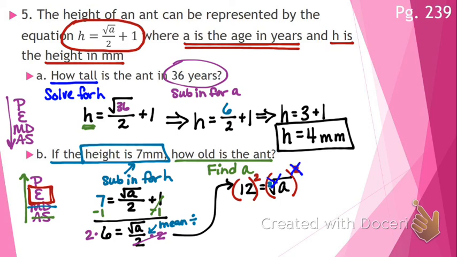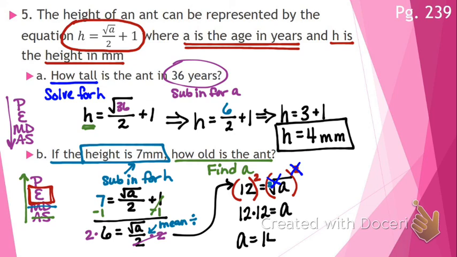So squaring and square rooting cancel each other out. I have just the A all by itself over there on the right. On the left, I have 12 squared. That means 12 times 12. Pop that into my calculator. And 12 times 12 gives me 144.